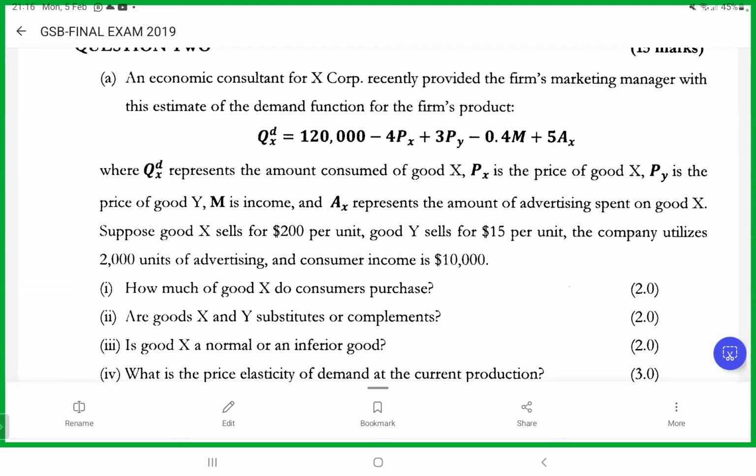The company utilizes 2,000 units of advertising, and consumer income is 10,000 US dollars. That's all.